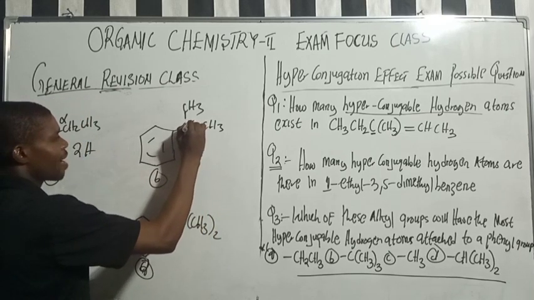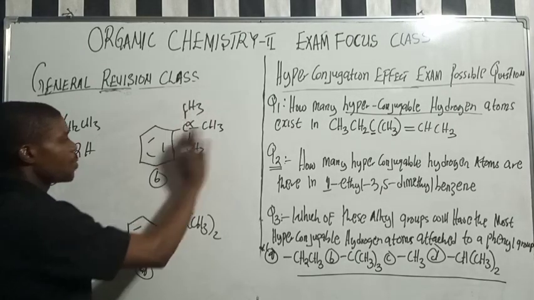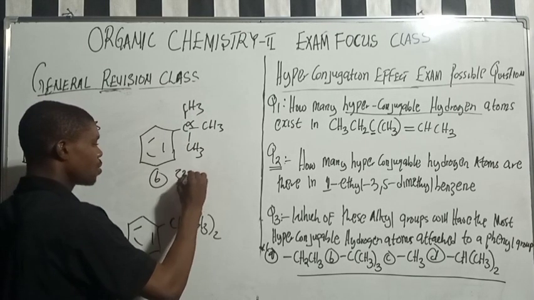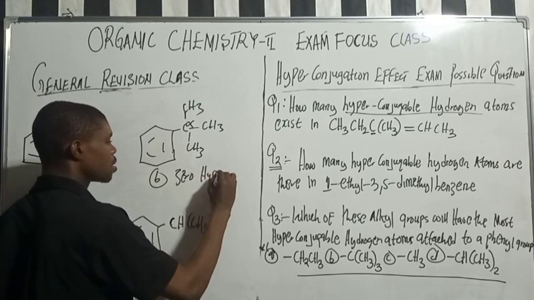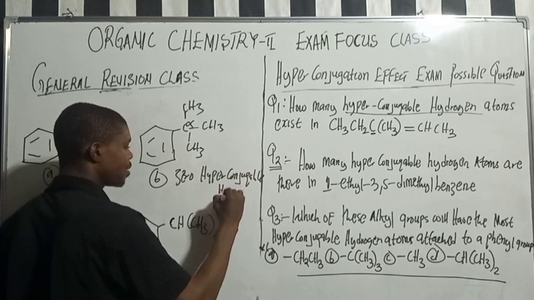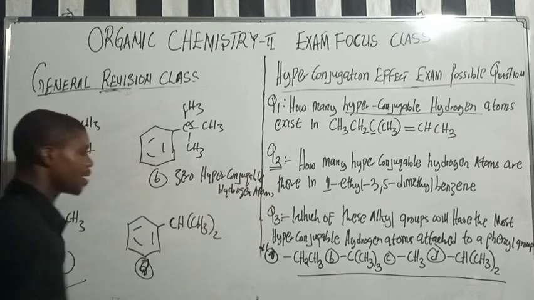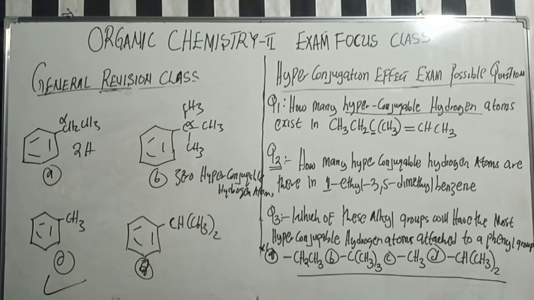This alpha carbon does not have any hydrogen, so no hyperconjugable hydrogen. So here we have 0 hyperconjugable hydrogen atoms.